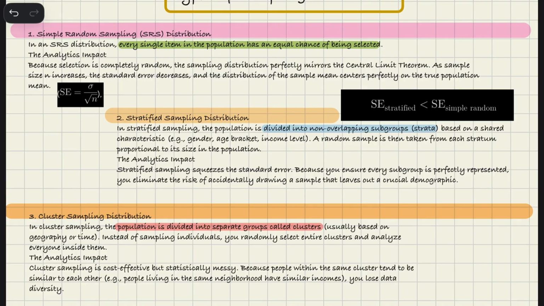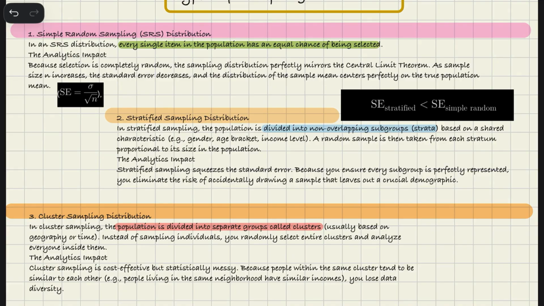So you say, I want a 3 ounce sample, so I'm going to carefully scoop exactly 1 ounce of chocolate, 1 ounce of vanilla and 1 ounce of strawberry. By doing this, your sample perfectly mirrors the exact composition of the entire tub. So in sampling distribution, stratified sampling dramatically reduces the variance, meaning your sample averages will cluster much tighter, more accurately around the true population mean, because you have eliminated the risk of leaving a subgroup out, right?